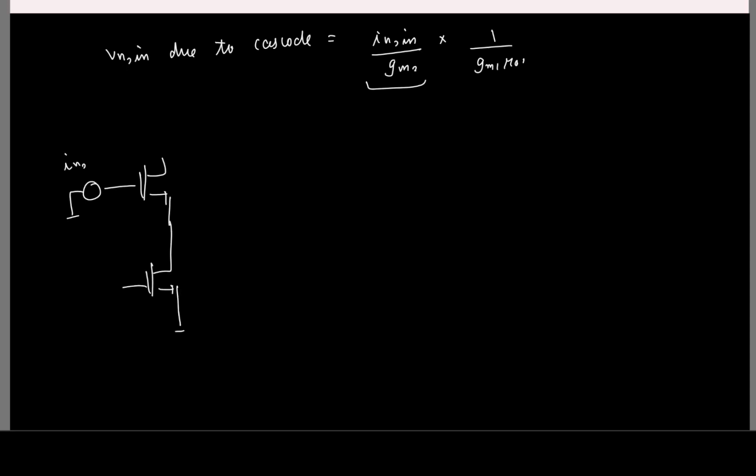This will be IN2 divided by GM2. Now when I refer it to the input, it is divided by GM1 R01. So if I write the power spectral density, it will be 4 kT gamma by GM2, divided by (GM1 R01) squared.